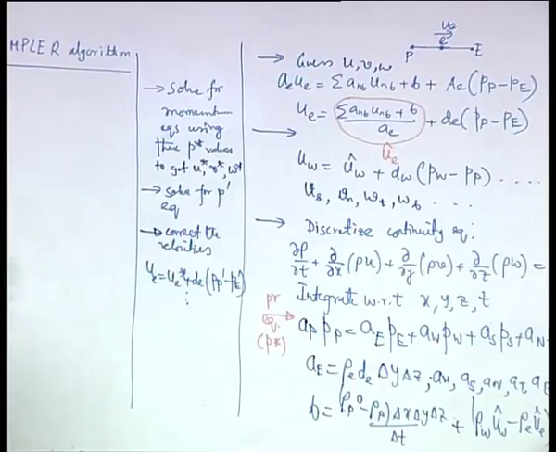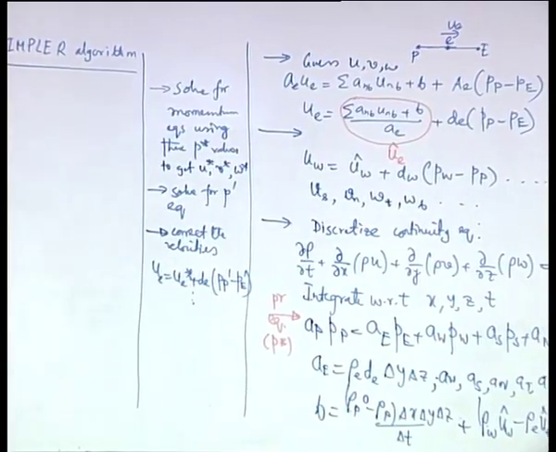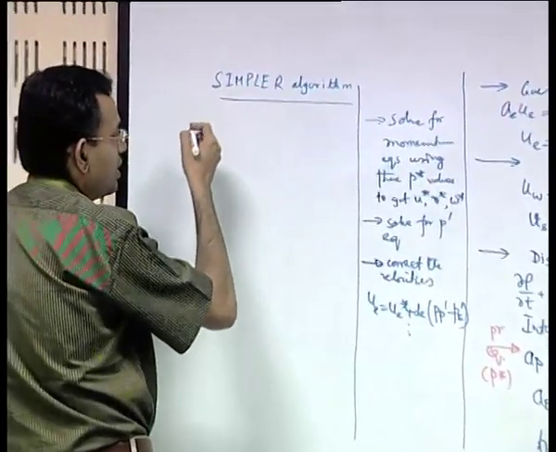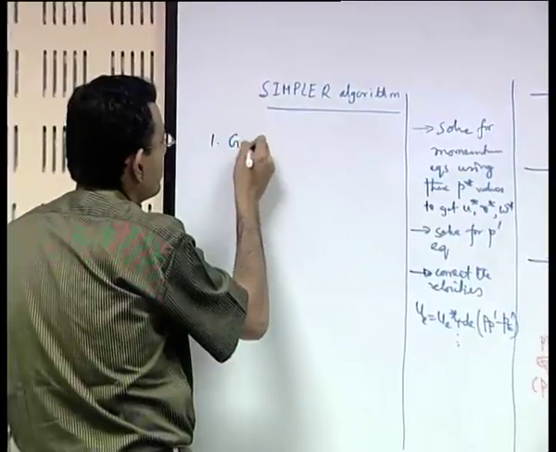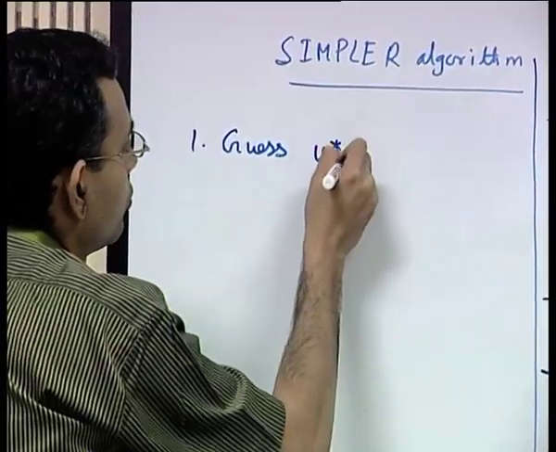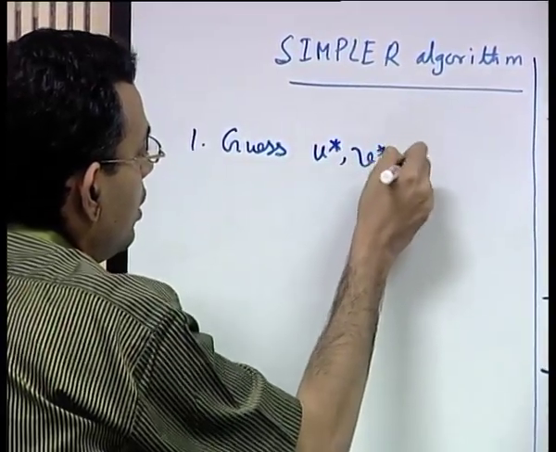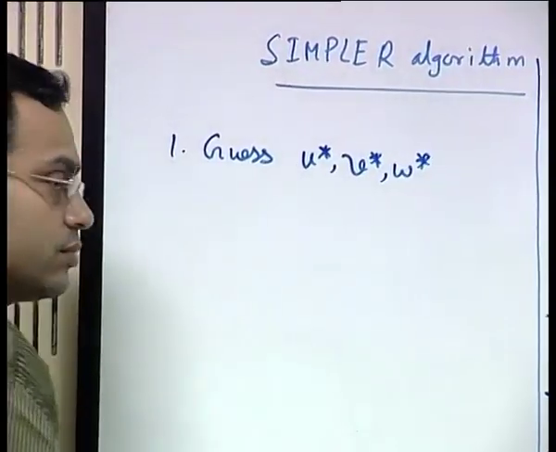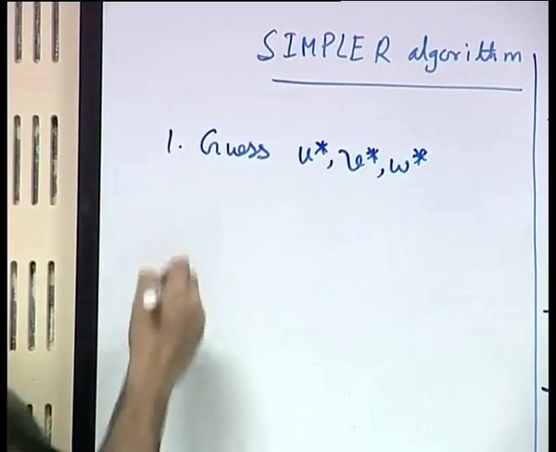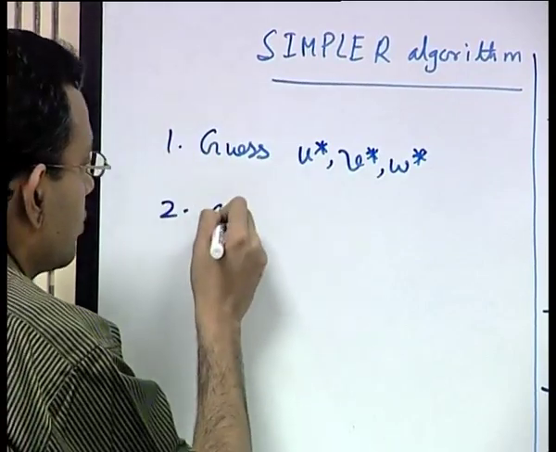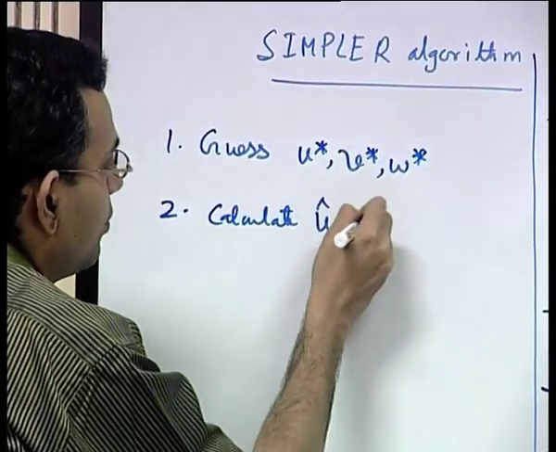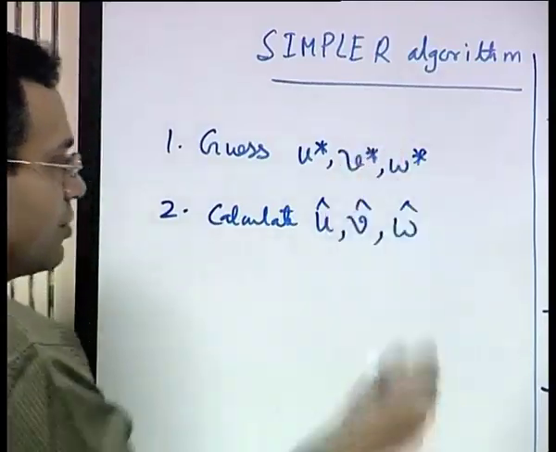So if you summarize the simpler algorithm, you can summarize it as follows. So guess u, v, w. Based on that you calculate u hat, v hat, w hat.